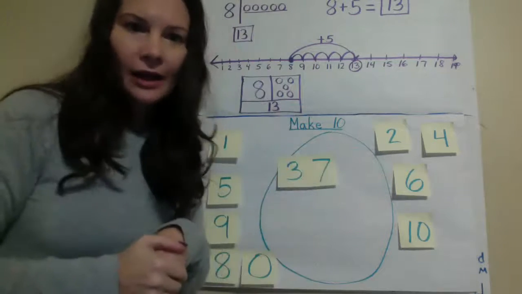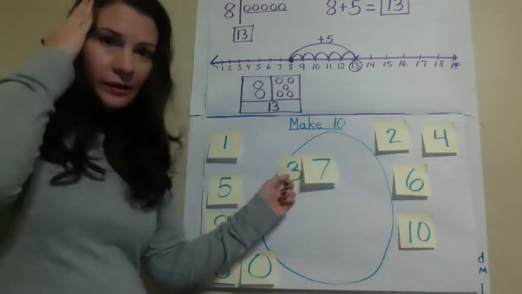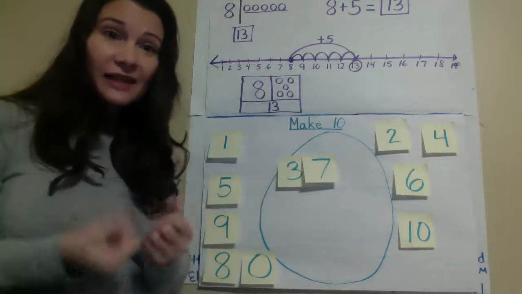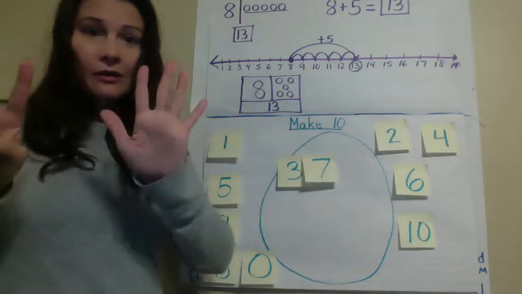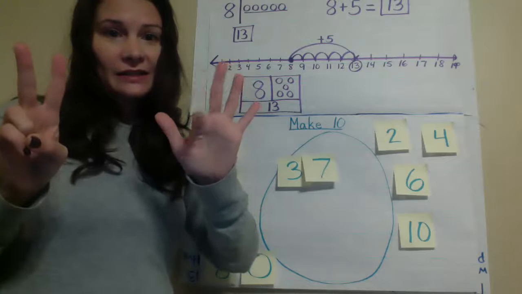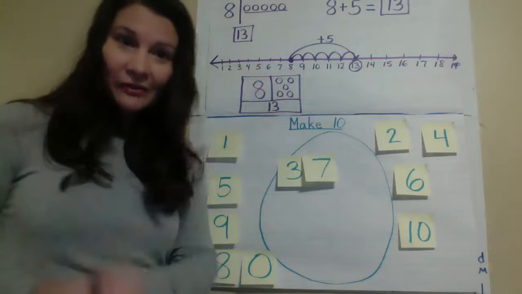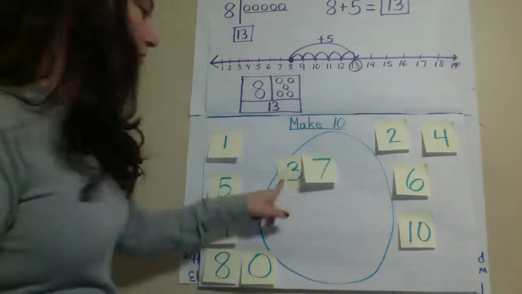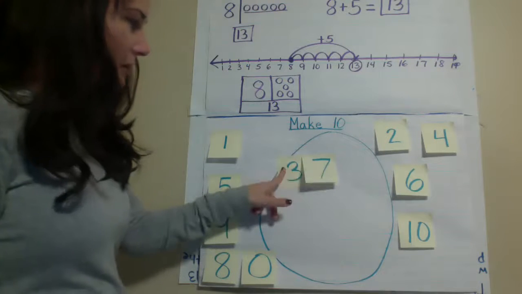Let's see if they're right. Everybody put 3 in our head, 3, and let's count on 7 more. So 3, 4, 5, 6, 7, 8, 9, 10. Were they right? Yes, 3 plus 7 equals 10, and 7 plus 3 equals 10.